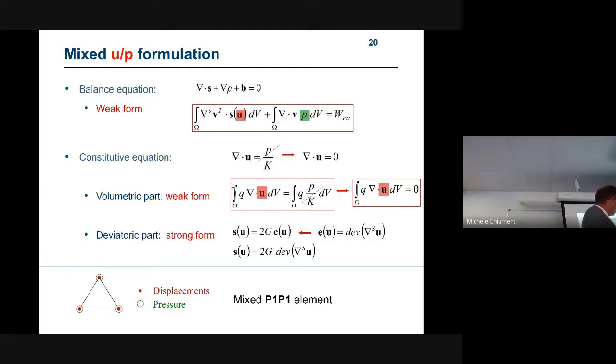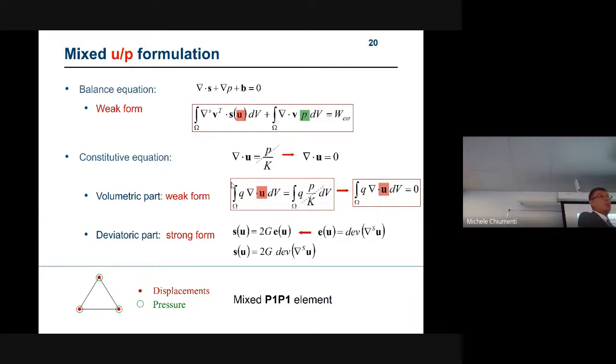The deviatoric stresses are computed, as before, in strong form at the Gauss point, and typically it's 2G times the deviatoric strains. Okay? This equation is the deviatoric part of the constitutive law: just deviatoric stresses versus deviatoric strains.